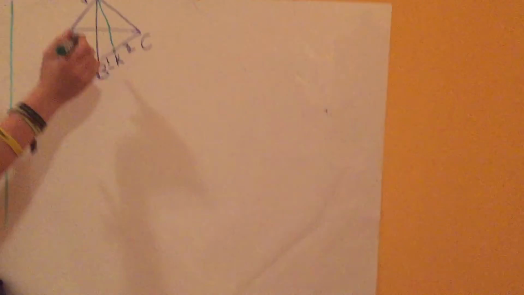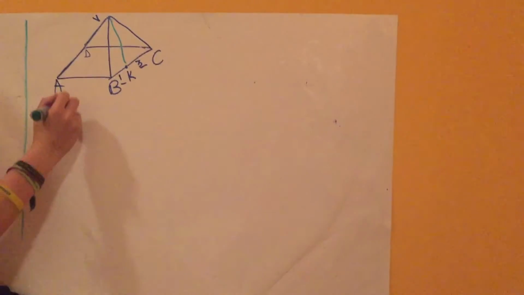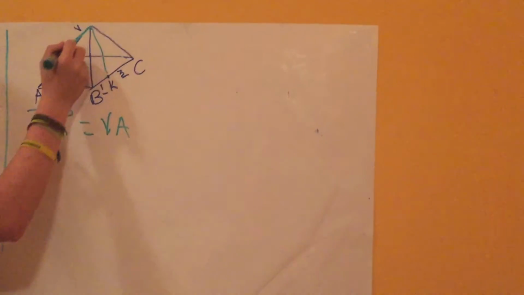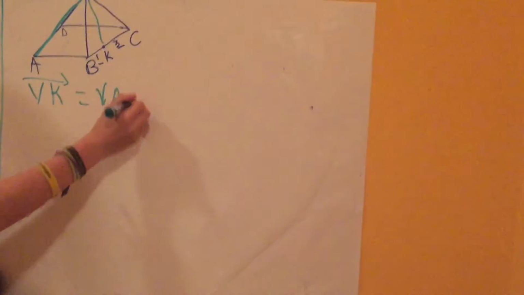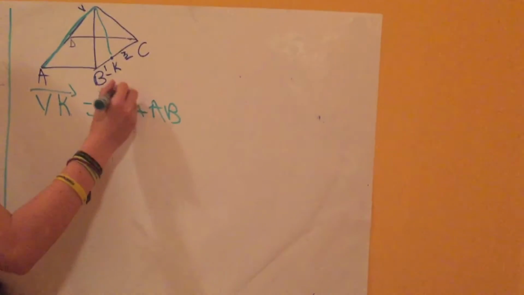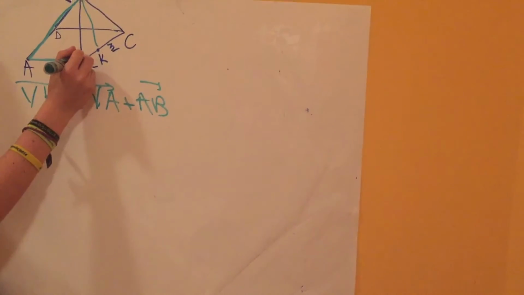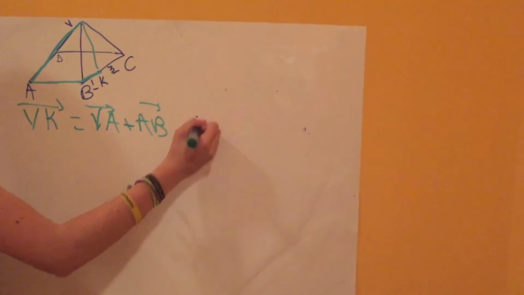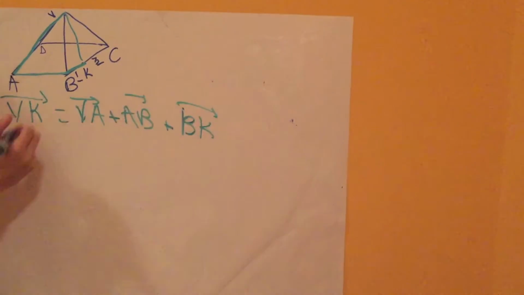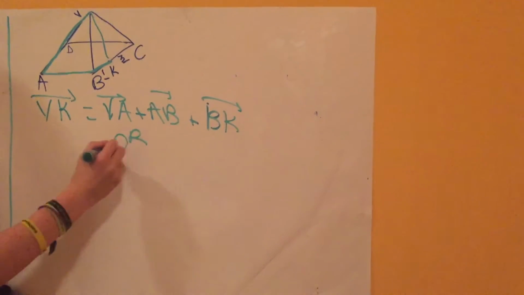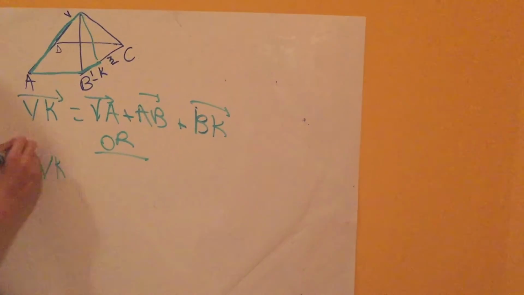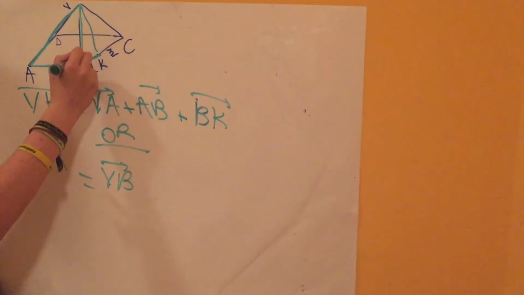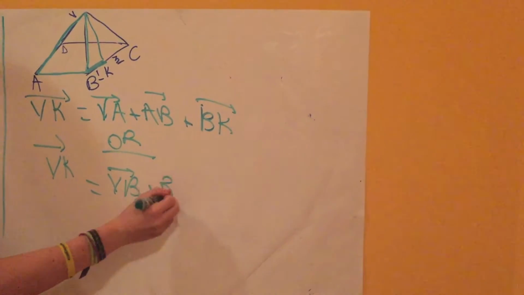Okay, there are two ways. We can either go VK is equal to VA, which we will take this route, plus AB, which we will then take this route and go plus BK. Or we can use another route, which is VK is equal to VB plus BK.